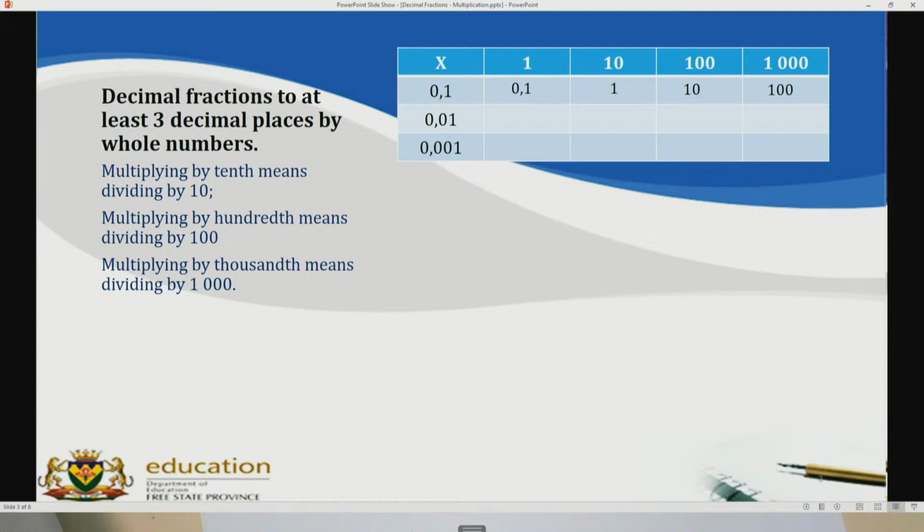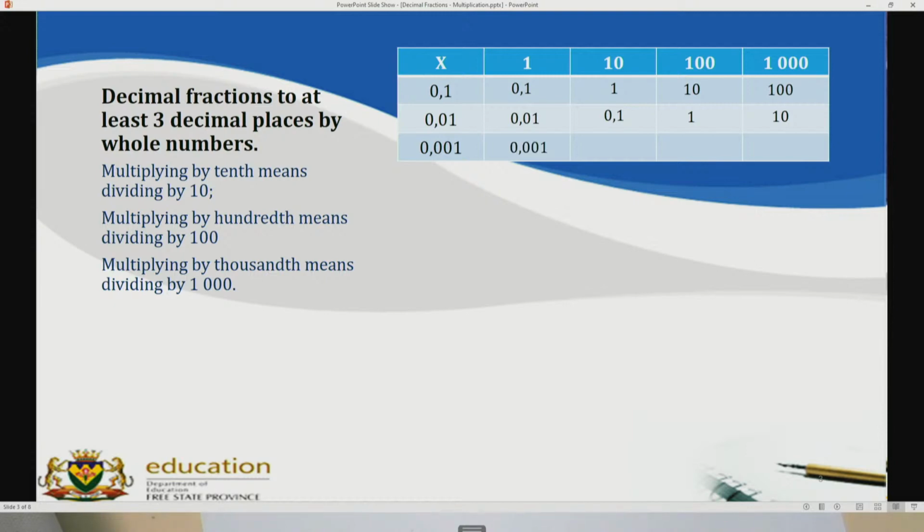And then 0,01 multiplied by 1, it will be this. By 10, it is 0,1. By 100, it is 1. By 1,000, it is 10.